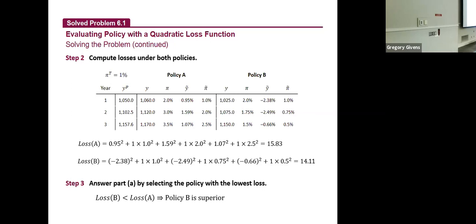And believe it or not, this is actually how a lot of central bankers think, okay? They have some idea about what the overall macroeconomic objectives are. They have a lot of different options for the setting of the federal funds rate or the path of the federal funds rate.